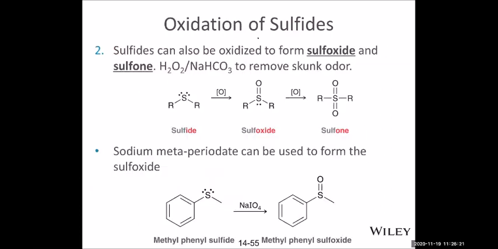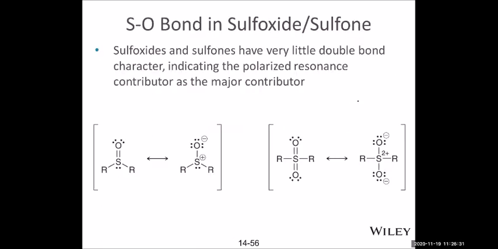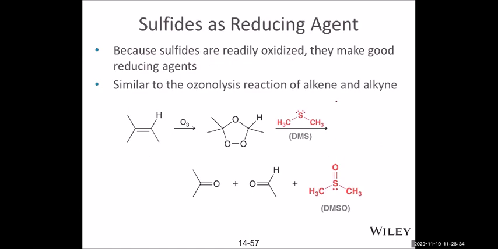Sulfide can also be oxidized, because sulfur forms the sulfoxide, all the way to sulfone. We don't need to worry about those names, just different compounds as we learned before. Sulfide is a reducing agent, because sulfur has a low electronegativity, can give away electrons and form DMSO.